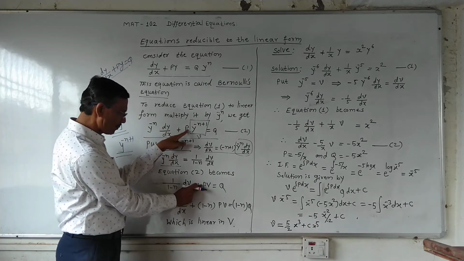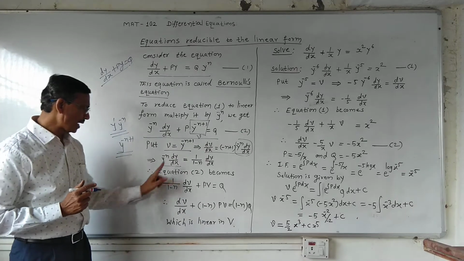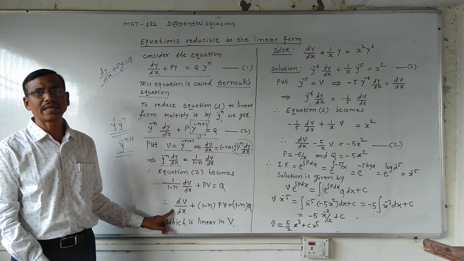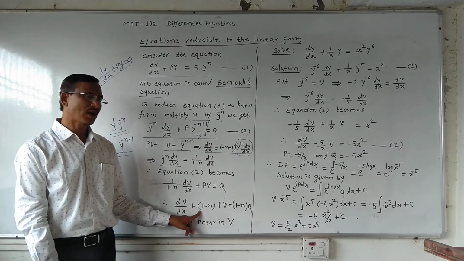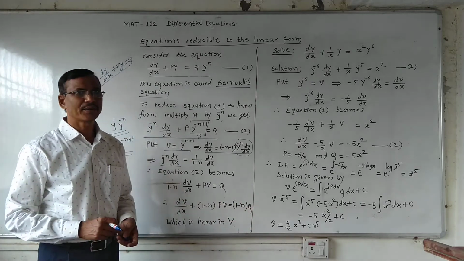That means it will become pv is equal to q, and then multiplying both sides by 1 minus n, you will get dv by dx plus 1 minus n pv is equal to 1 minus n into q.